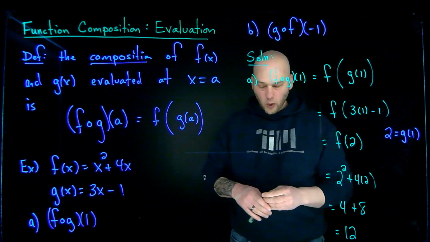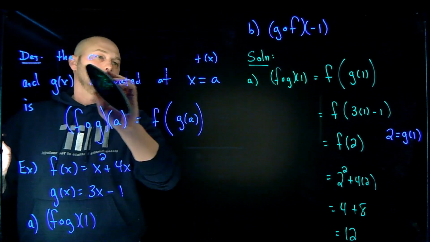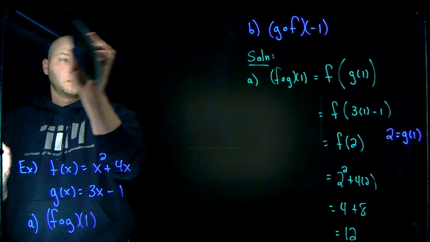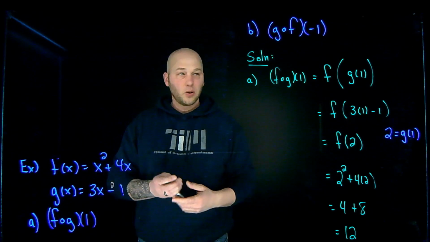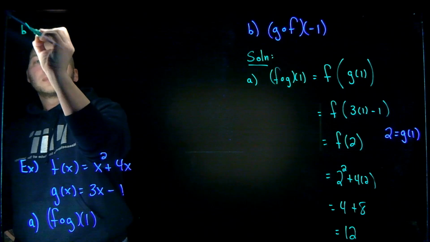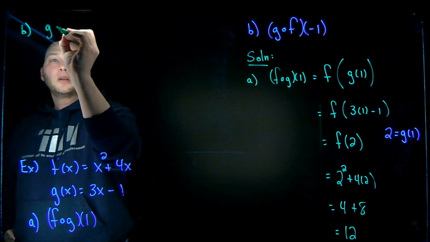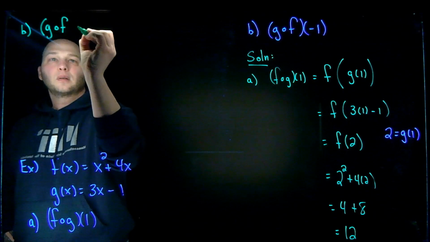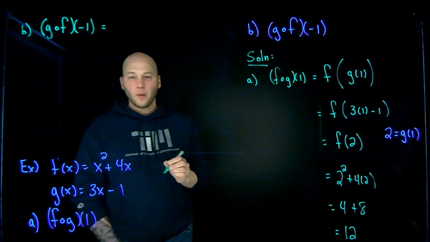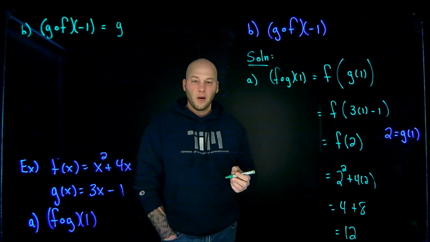All right, let's go ahead and work through part B. Okay, I'll leave these up here just as a reminder of what the functions were. Part B, g of f of negative 1. So g of f evaluated at the value -1. Okay. Notice that I reversed the roles of g and f in this case.